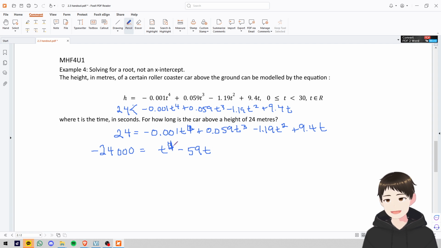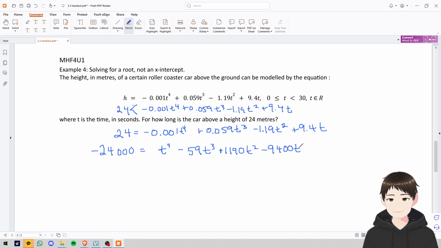See, if I was here in person, you'd be able to tell me that I did something wrong, but in a video, I don't hear the complaints, obviously. Okay, that's power of 3. This is negative 1190 t to the power of 2. That's a plus. And positive 9.4 becomes a negative 9400 t.